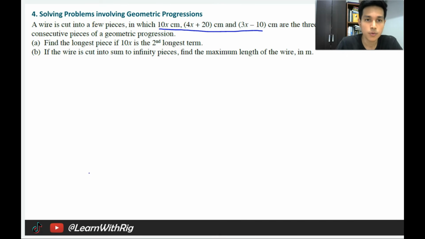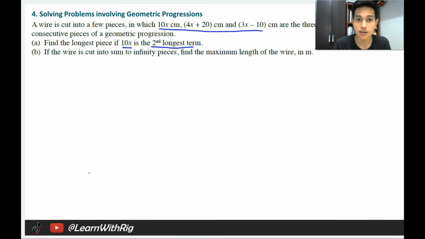Okay, so what they're asking here, question A, find the longest piece if 10x is the second longest term. So that means, you see here, they are cutting the wire, correct? It can be from the shortest length to the longest length, or from the longest length to the shortest length, correct? But since they are telling you here that 10x is the second longest, in other words, they are arranging from the longest to the shortest, correct?